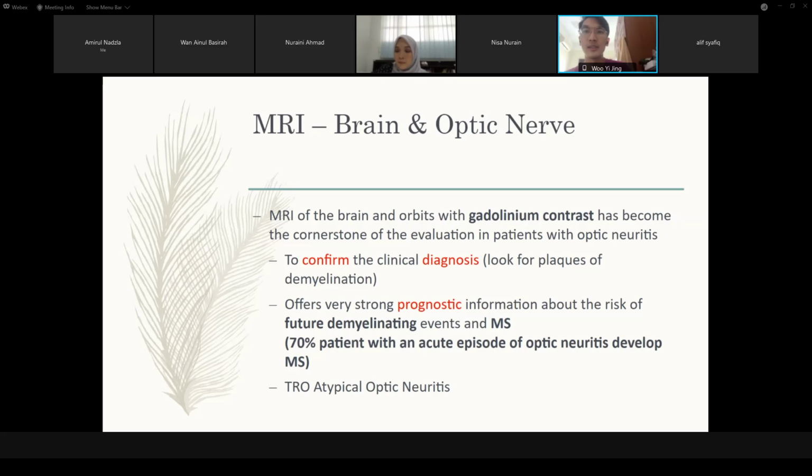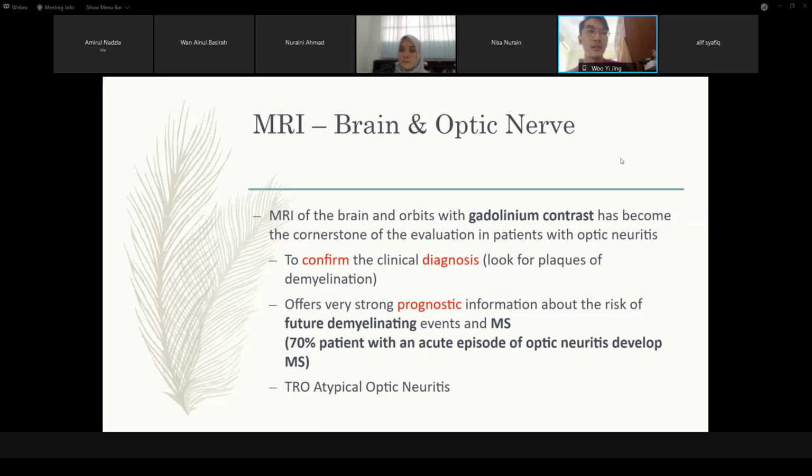Basically, this statement says that normally a patient with multiple sclerosis will present with optic neuritis. So if you have optic neuritis, most probably in the future you'll get multiple sclerosis.